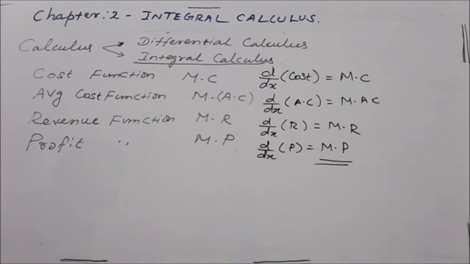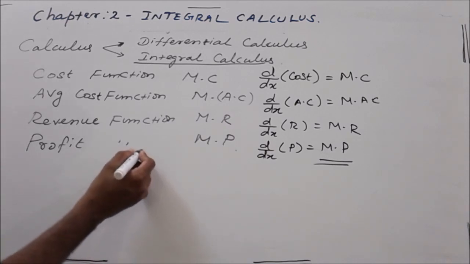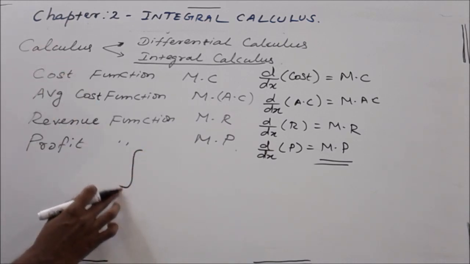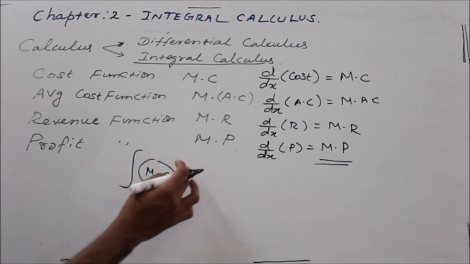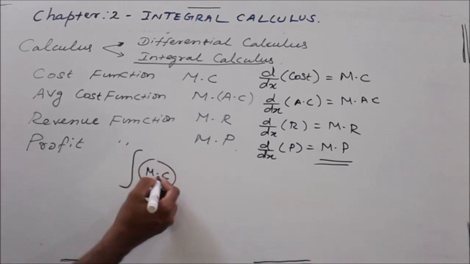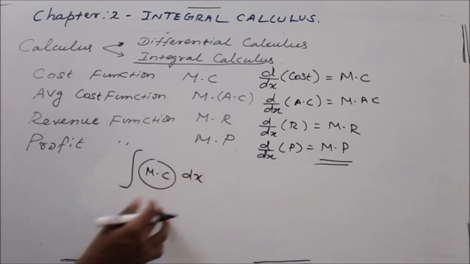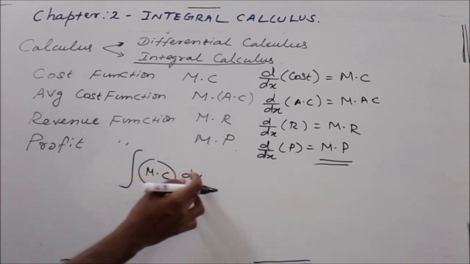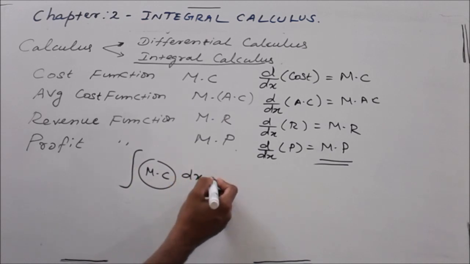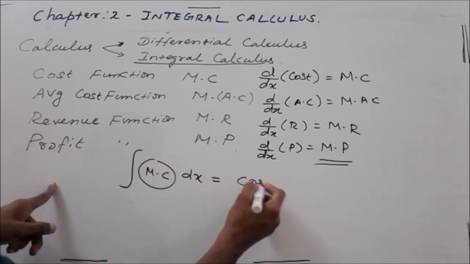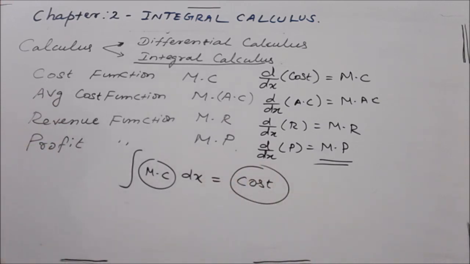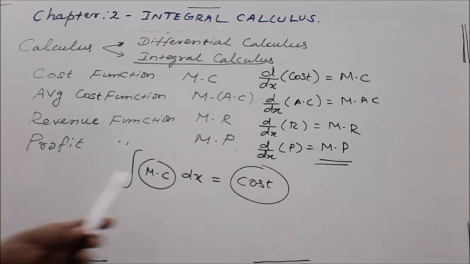So integration is the technique to find the original function from the derived function. The function obtained is called the indefinite integral. For example, when we use integration, this is the integral symbol, and then here we apply the respective function, that is the marginal cost function, which is the integrand. If the marginal cost is in x, the integrand is followed by dx, and if the marginal cost is a function of t, then it will be dt. When integrating this, we get one function, that is the cost function, and this is known as an indefinite integral.